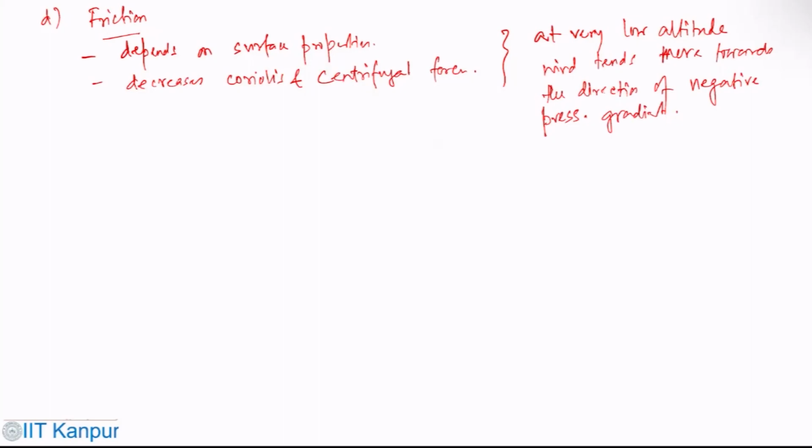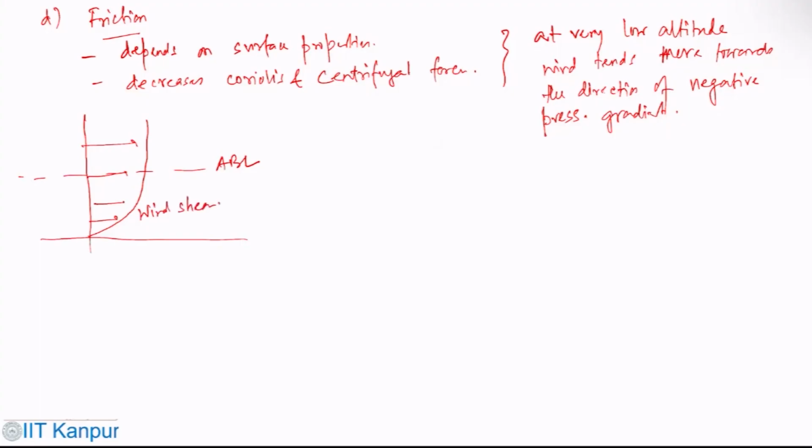But at Earth's surface, if you see, this is why it goes like that. So this is the atmospheric boundary layer. This is because of wind shear.